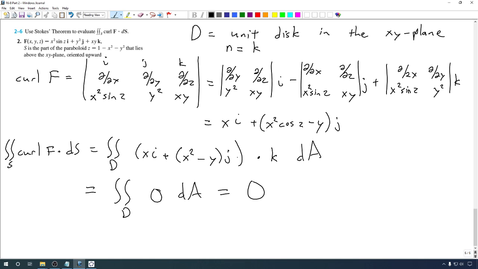So essentially the point is that Stokes' theorem allows us to simplify a lot of work that might not have been as simple to begin with. And that's one of the main reasons that we like using these kinds of theorems.